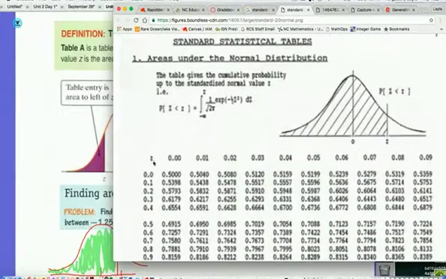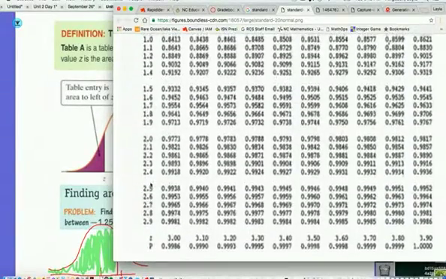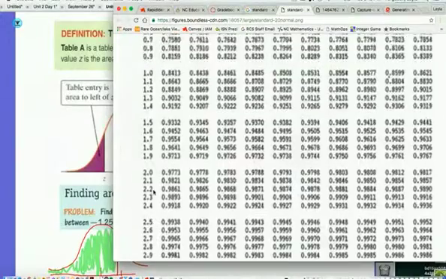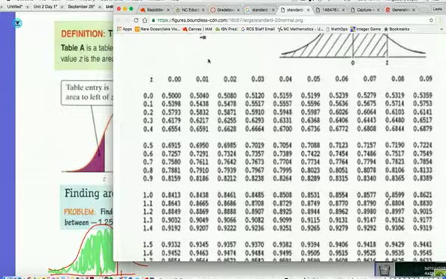So the way that you read this: you have a column that says Z at the top, and you have these decimals over here to the side. And so you're going to find the one that you need, which is 0.8. Across the top, you see 0.00, 0.01, 0.02, and so on and so forth, all the way to 0.09.